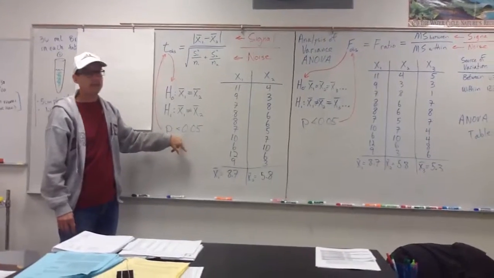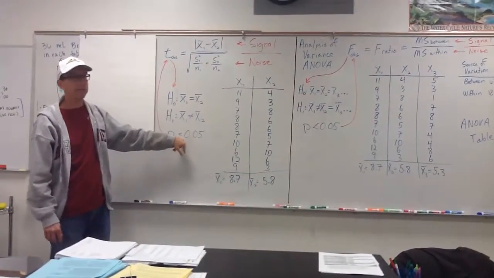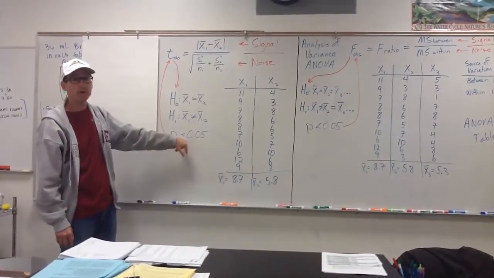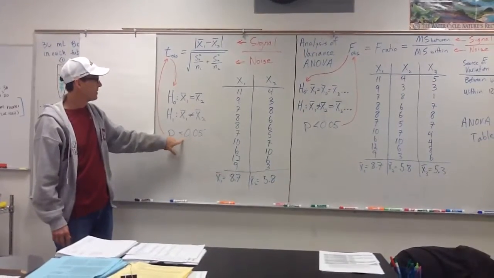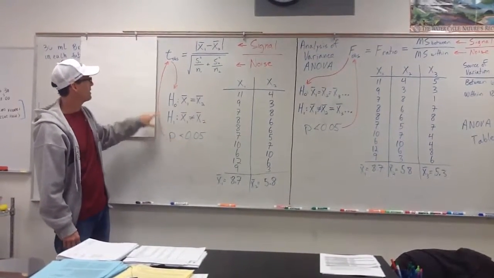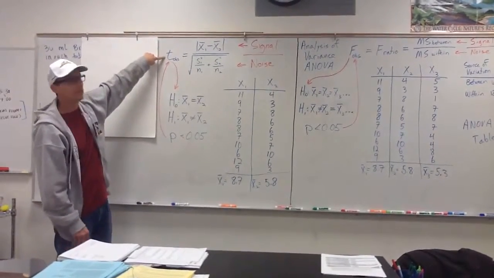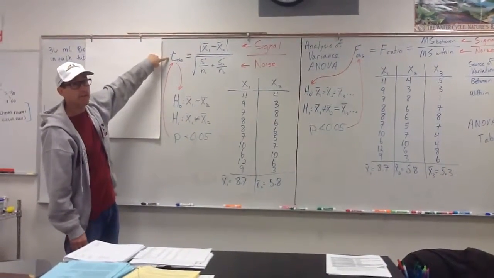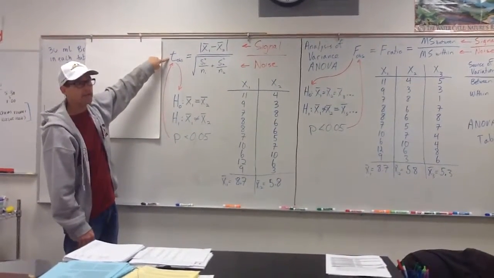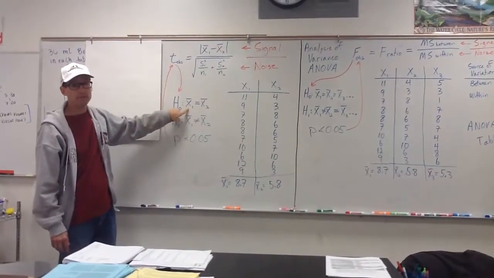We also get a probability that's returned as a part of the statistics. The probability is the probability of generating a t observed of a particular magnitude by accident if the null hypothesis is true.